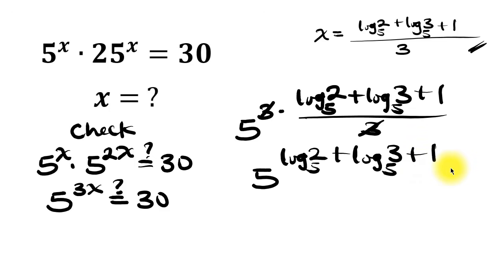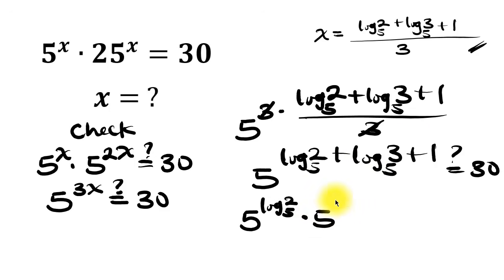We're proving to see if we're going to be having 30 as a result. Now applying the property of indices, we're going to be having something like this. 5 to the power of log base 5 of 2 times 5 to the power of log base 5 of 3 times 5 to the power of 1.